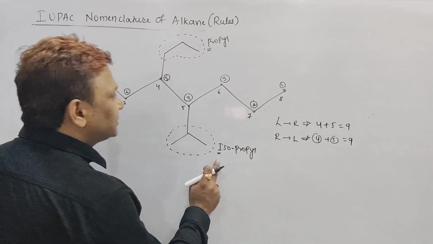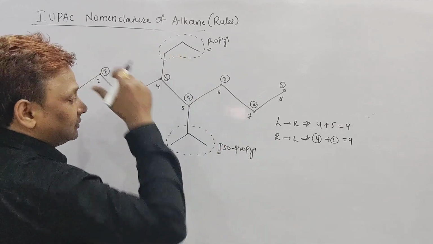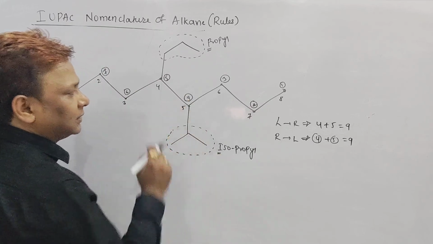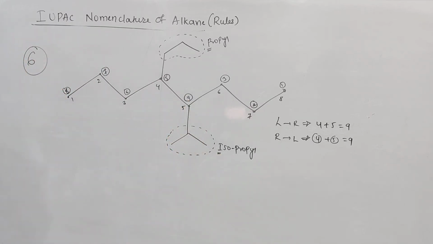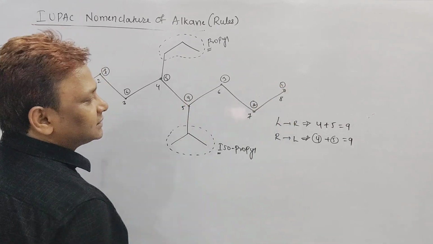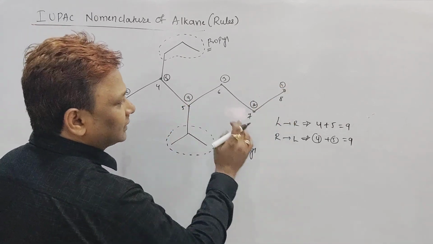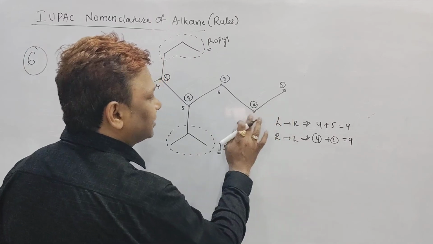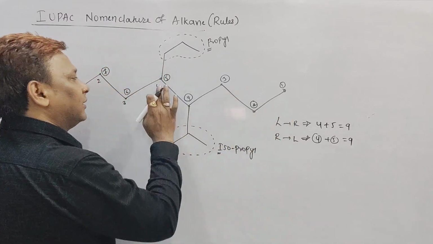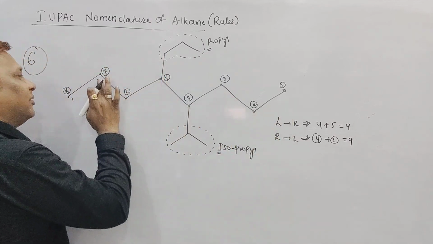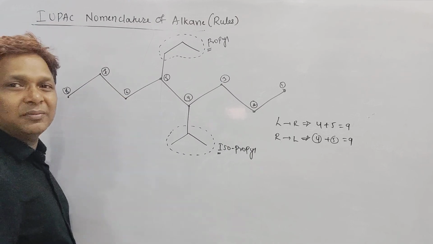I should come first and P afterward. That means I should get the lowest possible number. That means numbering from here beta, right to left is correct, but left to right is wrong. Which is wrong? Take it out, because it will make confusion for selection of the position of substituent in the organic compound.